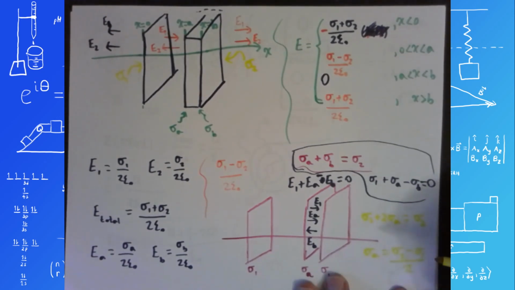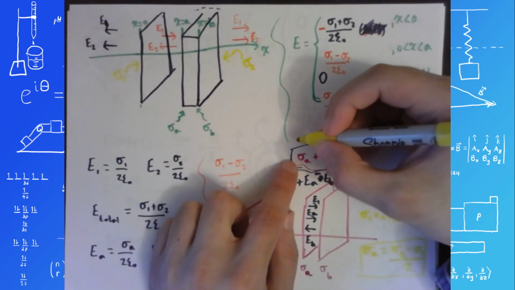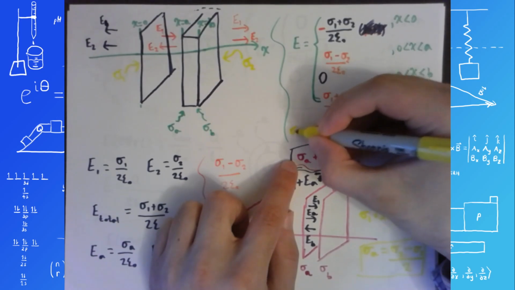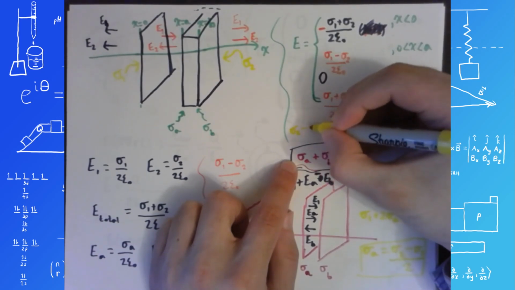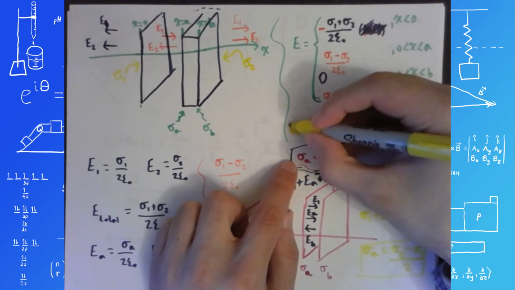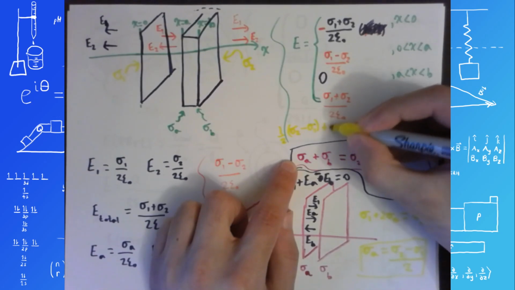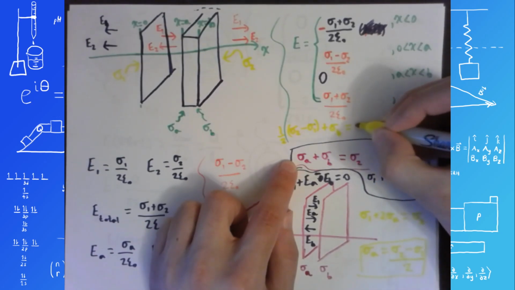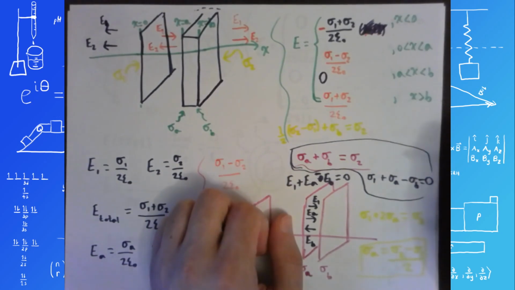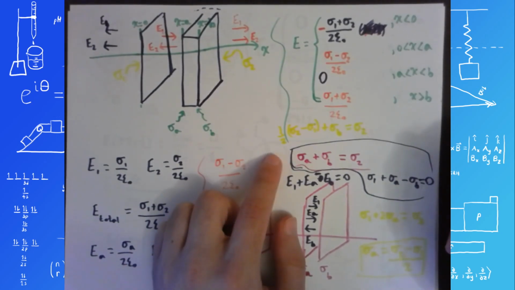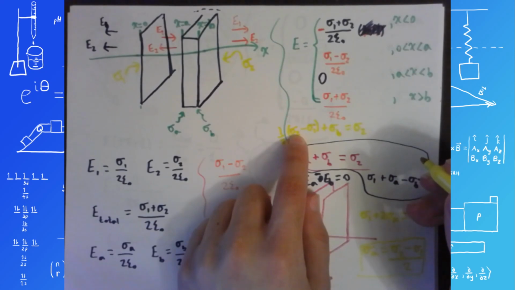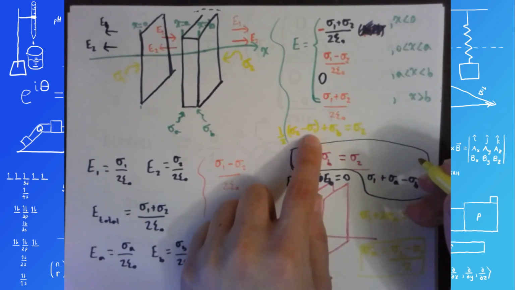From this, I can go back to either equation. I'm just going to go to the first one, and I'm going to substitute. If sigma A is sigma 2 minus sigma 1 over 2, I'm going to write times 1/2, and then plus sigma B equals sigma 2. Then if I distribute the 1/2, I'll have a half sigma 2 there, and minus a half sigma 1.